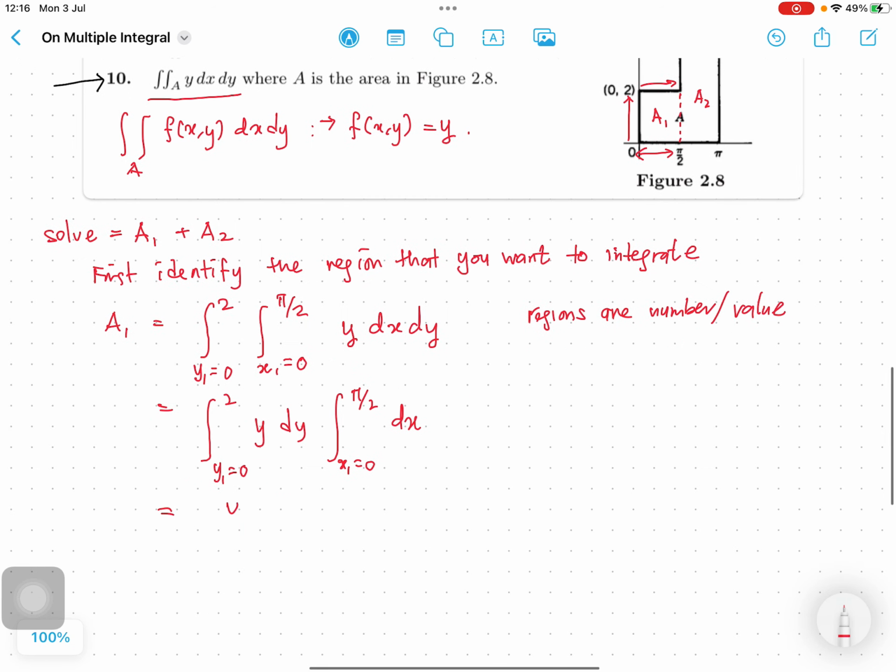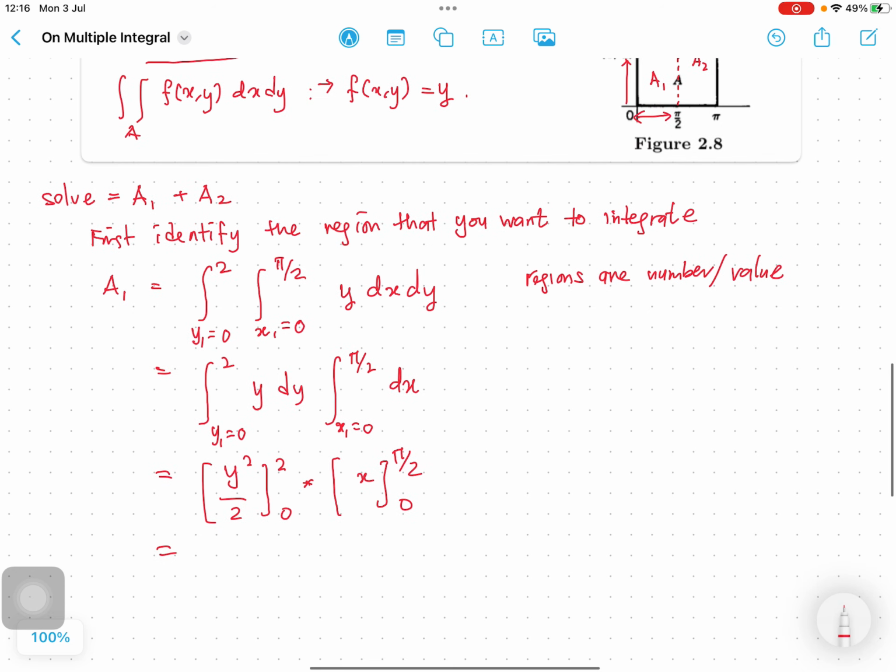So you solve y squared over 2 from 0 to 2, multiply with x from 0 to pi over 2. This is easy. So 4 over 2 times pi over 2 gives you pi for A1.